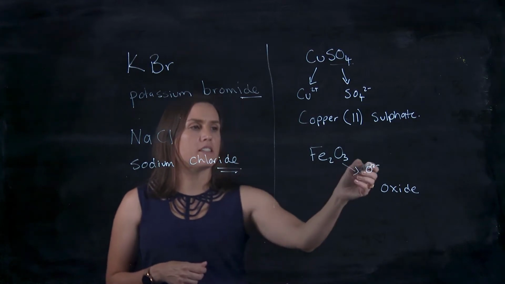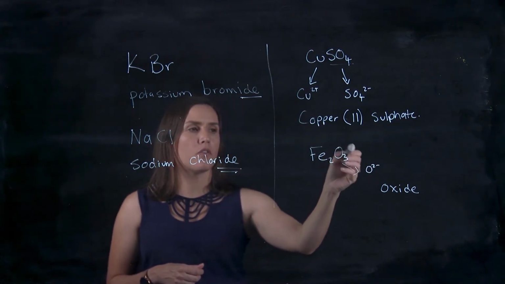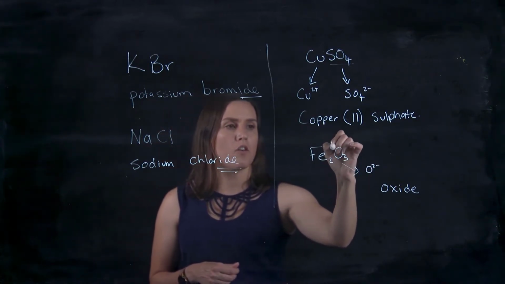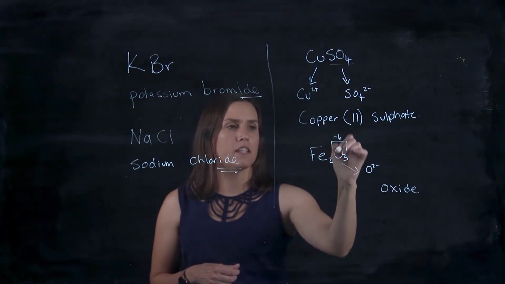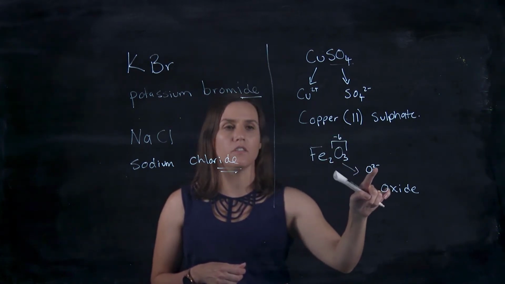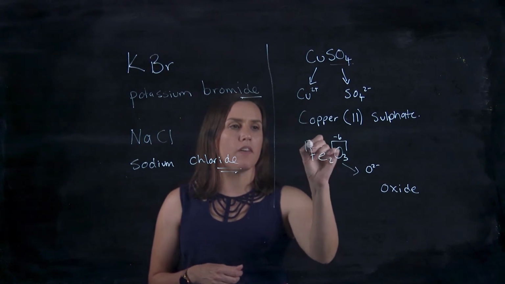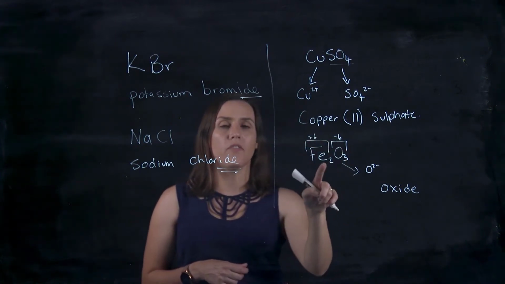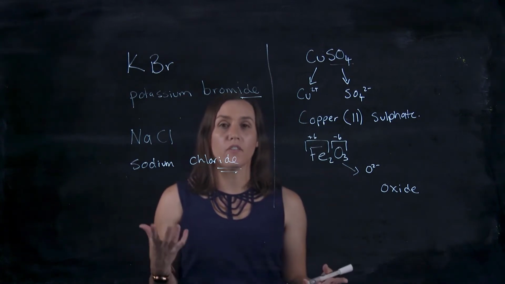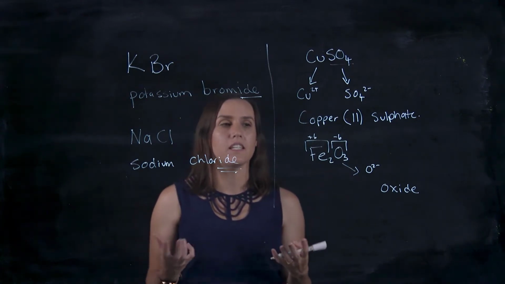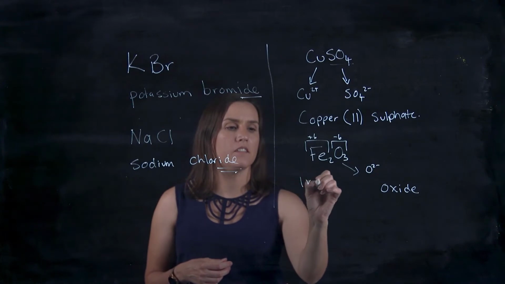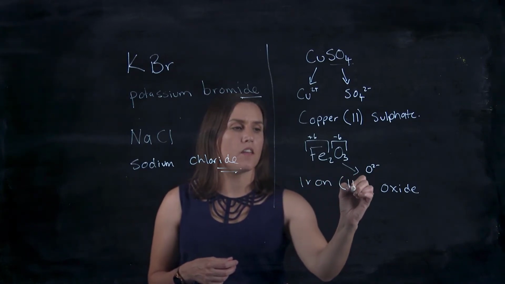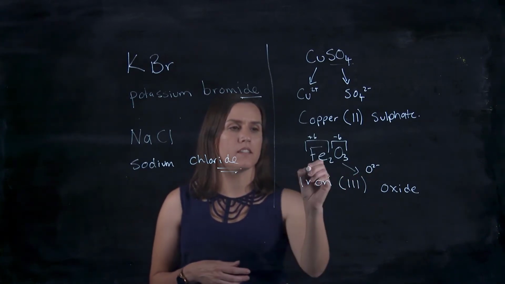Because this has a 2- on it, and I've got 3 of those, all up I have -6. So 3 lots of -2 gives me -6. So my Fe needs to be +6. I've got 2 Fe's. If I've got 2 and it needs to get to +6, that means each ion will be a 3+. This will be Fe 3+.